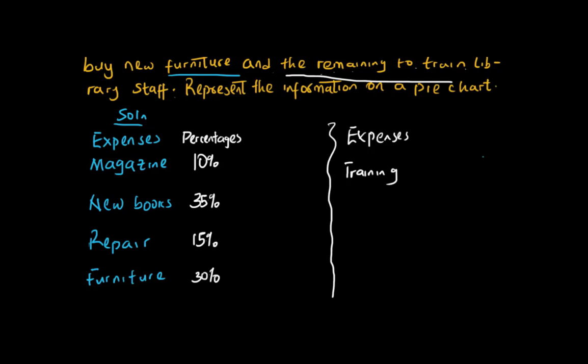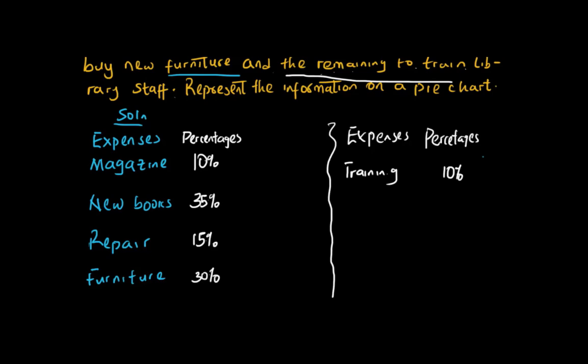Do you understand? So 10 plus 35 will give us 45. 45 plus 15 will give us 60. 60 plus 30 will give us 90. Then we have 100 minus 90 will give us 10. So it means that training is 10%. Do you understand?